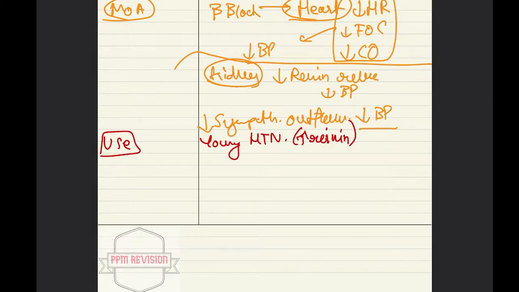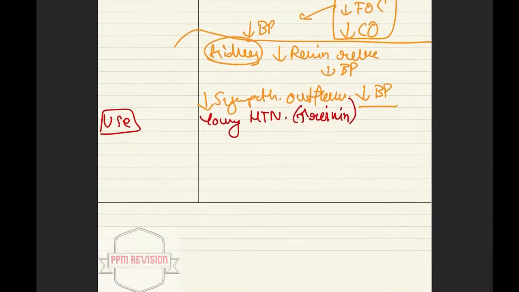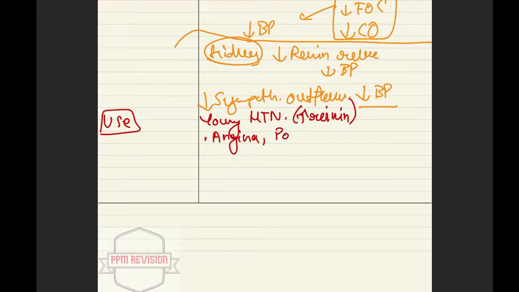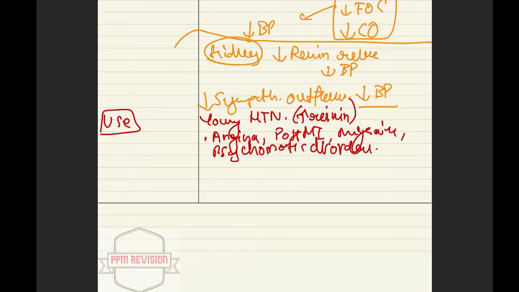And also in associated conditions such as angina, as well as post-MI, migraine, as well as psychosomatic disorders as well. And also in patients who are receiving vasodilators, in case of reflex tachycardia.